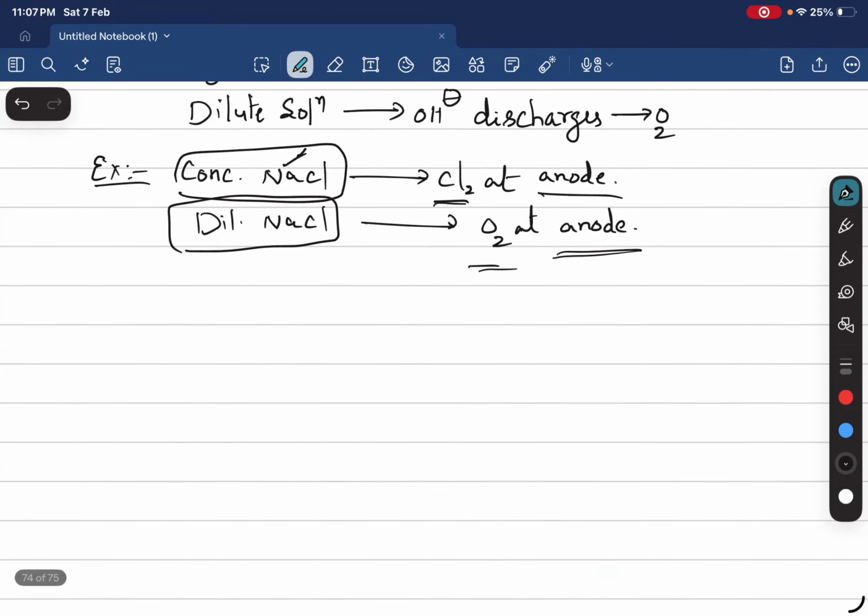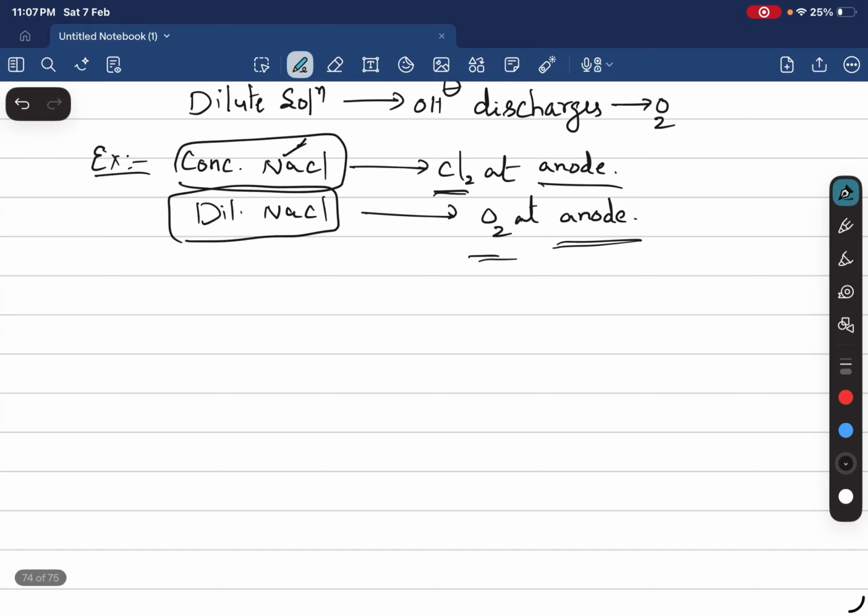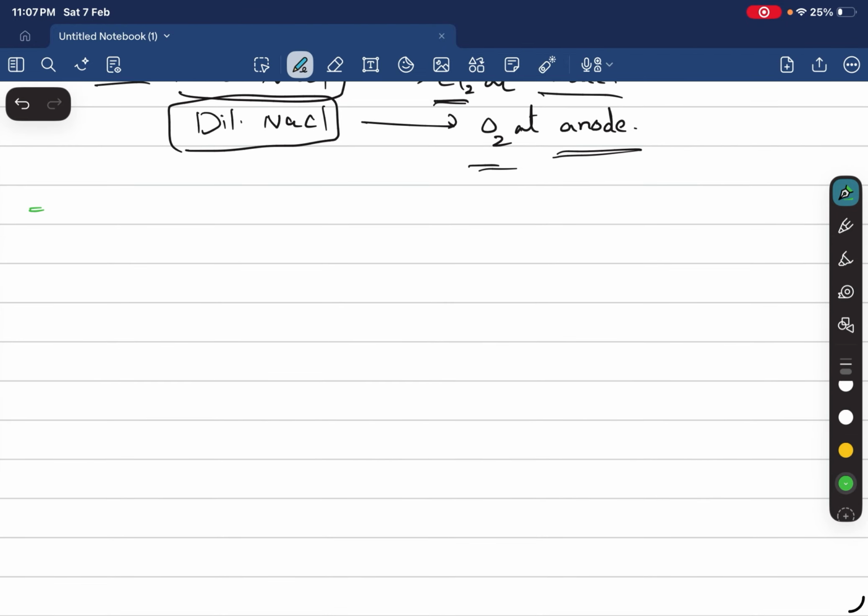So some common electrolytic cells, like what products are formed from the electrolyte, we can discuss with examples. This is also very important. The first one is, you can write, common electrolytic cells.